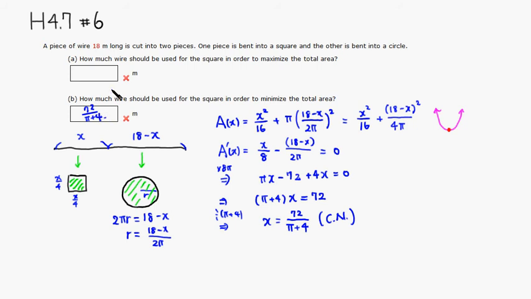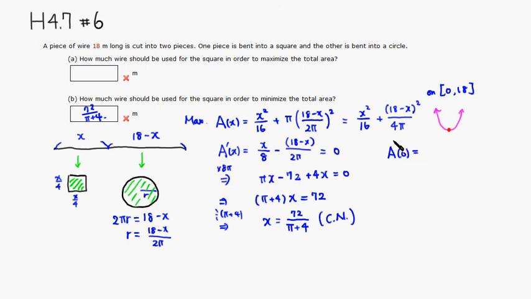So how about the maximum? x can be anywhere from 0 to 18, so we want to maximize this over the interval from 0 to 18. So we need to think about 0 and 18.